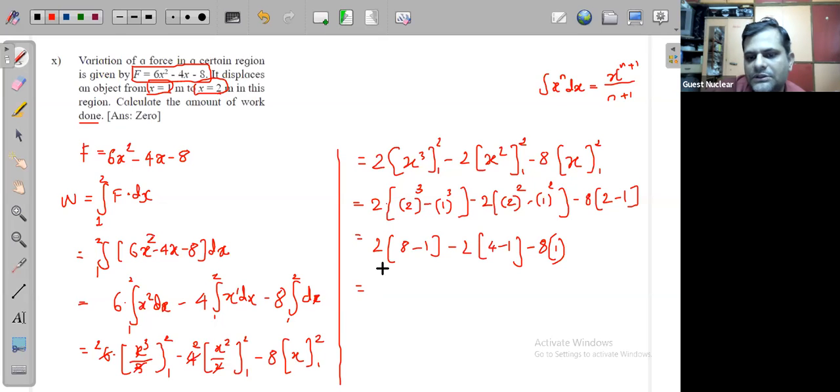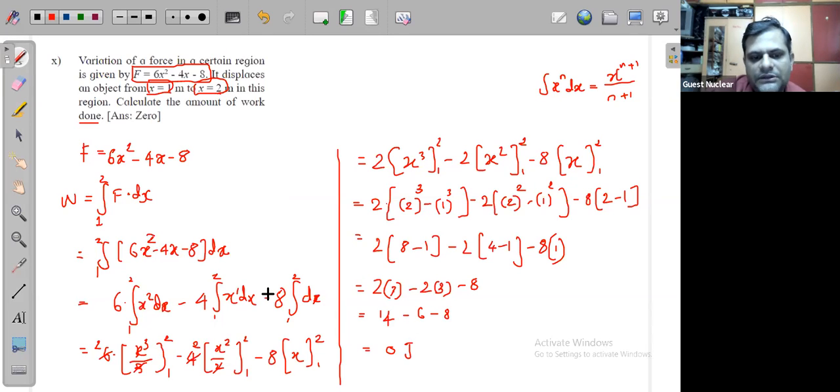So if we solve this further, then we get 2 into 7 minus 2 into 3 here, and minus 8 kept as it is. So here 2 into 7 can be written as 14. So here it becomes 14 minus 6 minus 8. That becomes 0 actually. 0 joule. Okay. So this is actually going to be the work done.